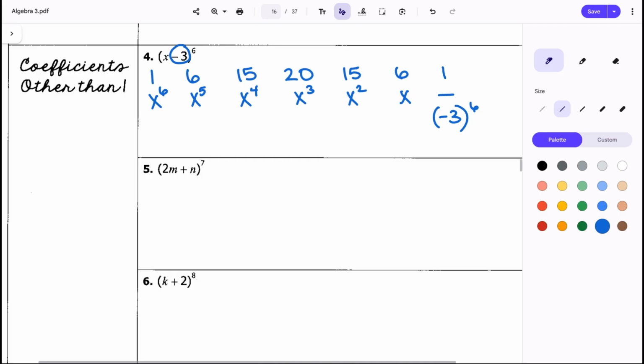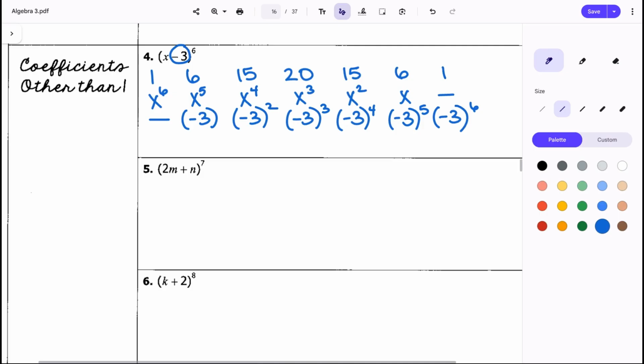So just watch that. And then this would be negative 3 to the 5th power, and we're going to keep going backwards. I always put parentheses around things with negatives because I don't want to miss that sign.